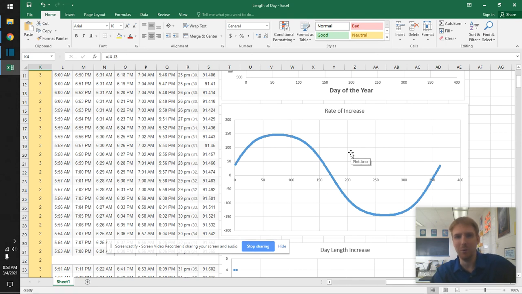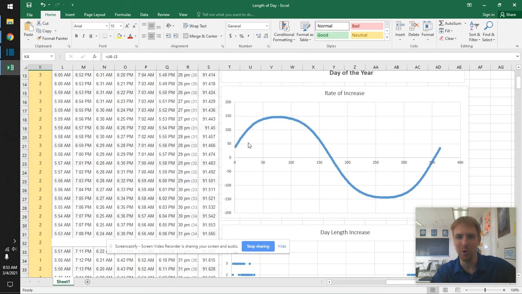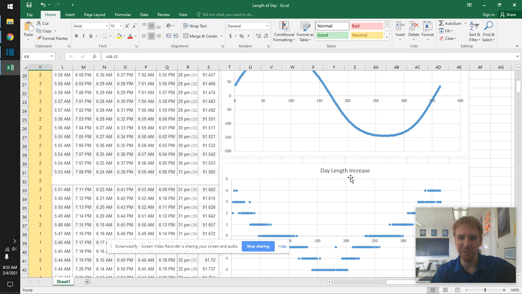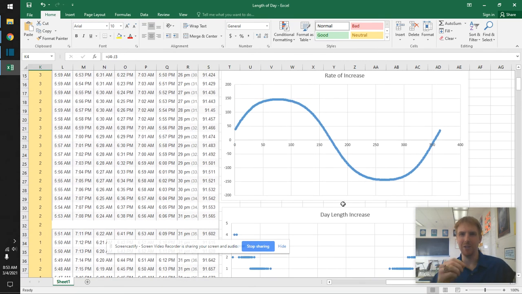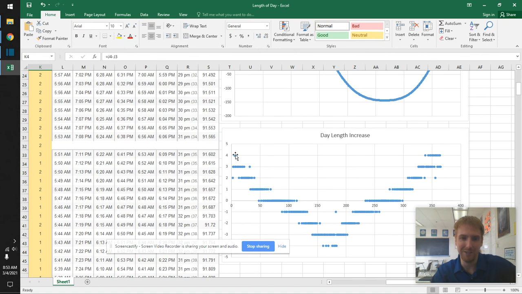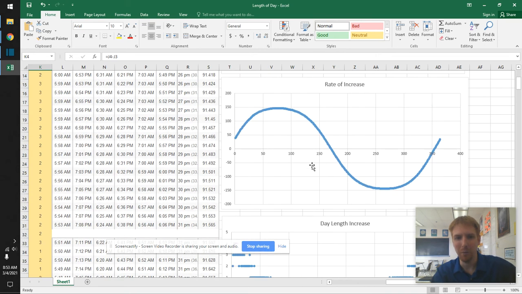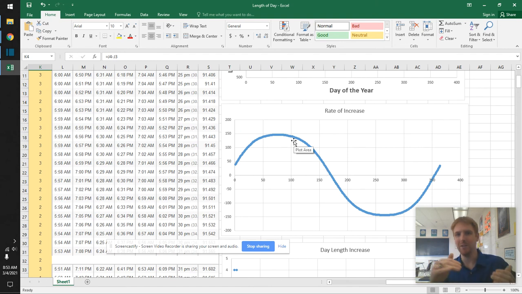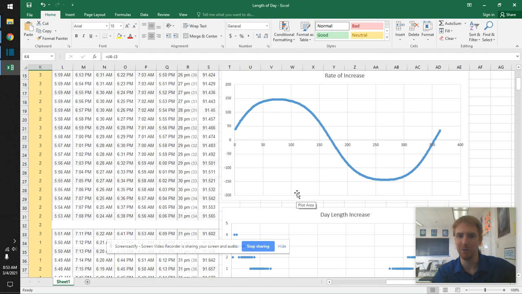And then I just did one more rate graph because this is kind of hard to process. I was trying to make sense of it, but the change of the change, like the acceleration of the length of the day, and since mine is in near seconds, which is pretty precise, that's why it's getting kind of a weird shape. But what I want to point out, if you take the changes of the rate of increase, slope of 1, slope of 0, -1, that's a cosine looking graph.